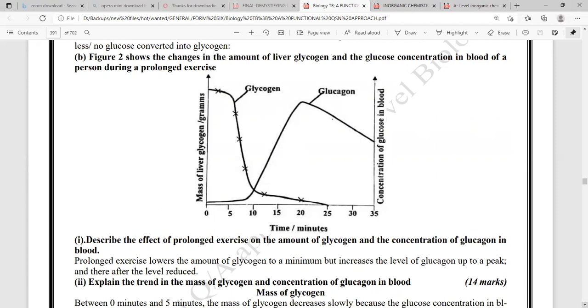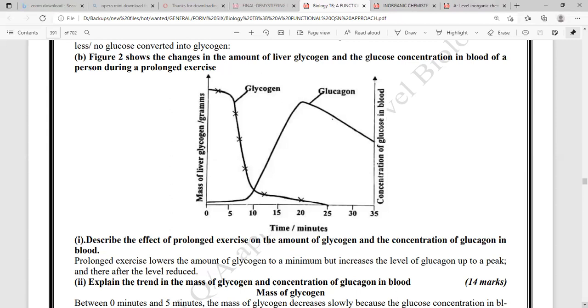It should be glucagon, not glucose. Concentrations of glucagon in blood, not glucose.